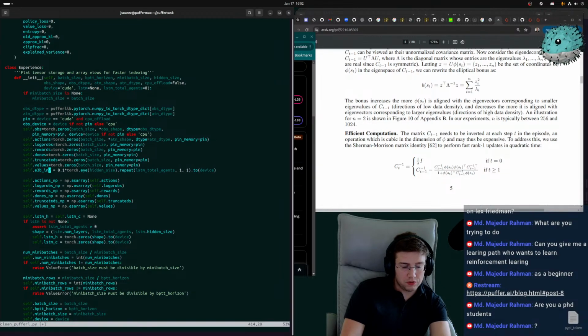Call this inverse. 1 over lambda. This is 10, which is kind of sketchy. But I guess that's what it is.